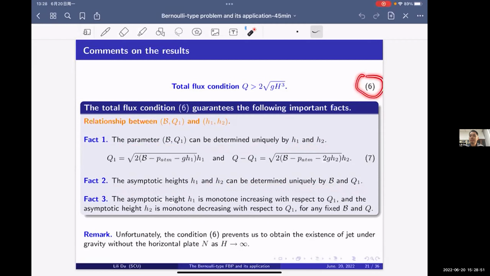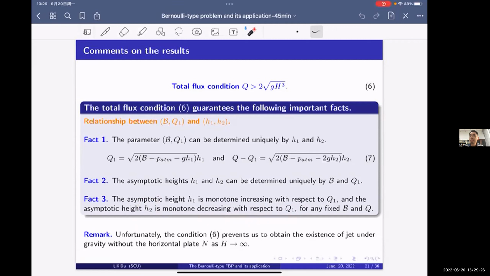The last fact is that condition 6 also guarantees that the asymptotic height H1 is monotone increasing with respect to Q1, and H2 is monotone decreasing with respect to Q1, for any fixed B and total mass flux Q. So in this work, we have to restrict this condition on the total mass flux.